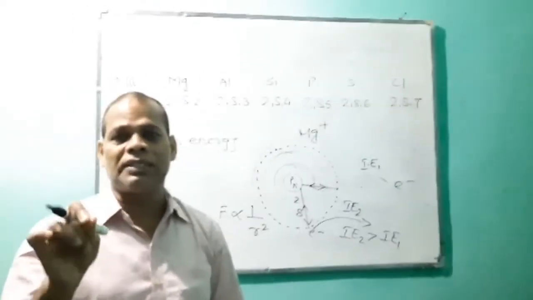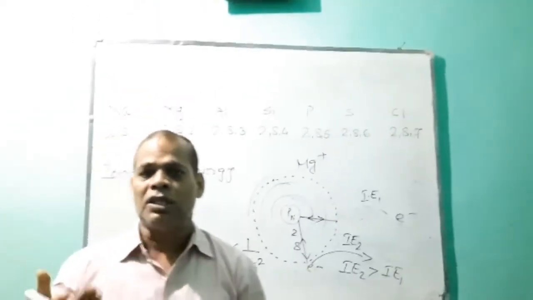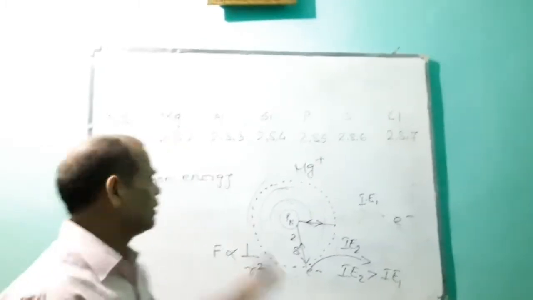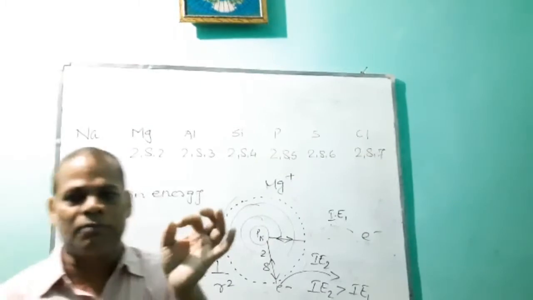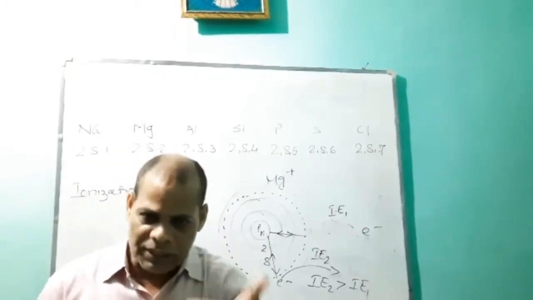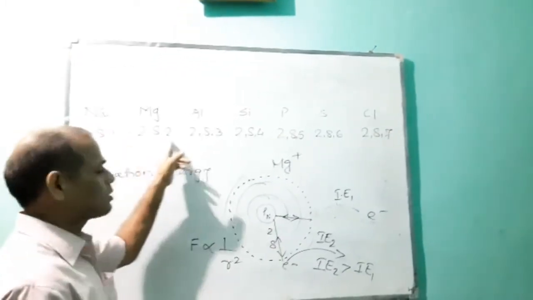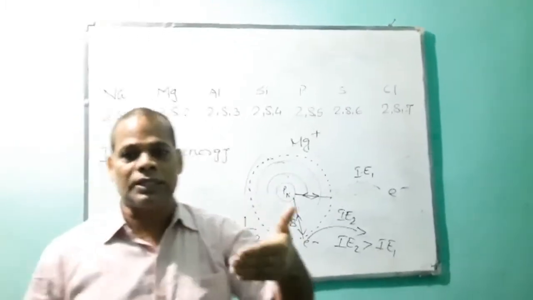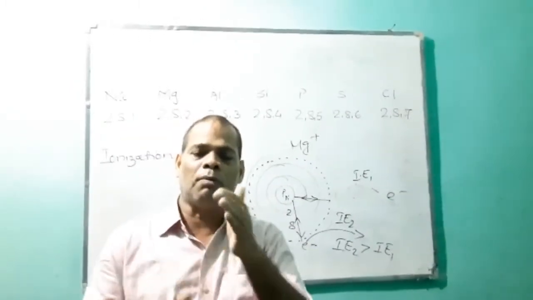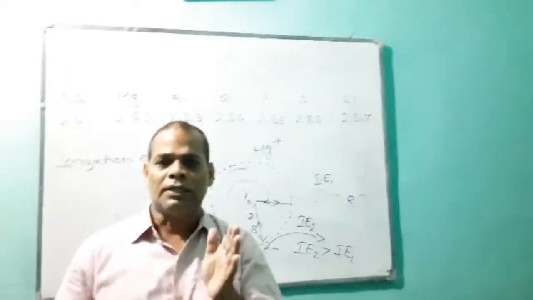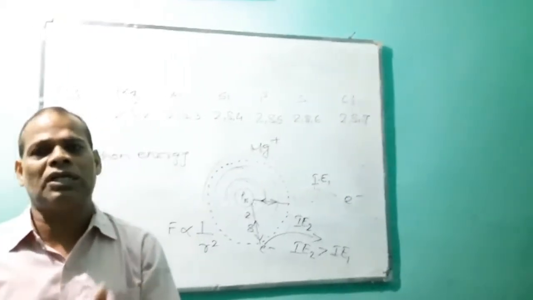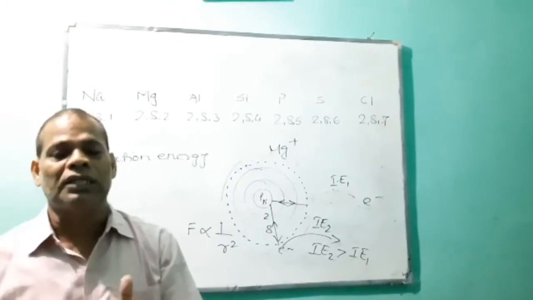Because yesterday we already studied that while moving from left to right, the size of the atom decreases. Not only does it decrease, the number of electrons also increases. So while moving from left to right, the magnitude of ionization energy increases.